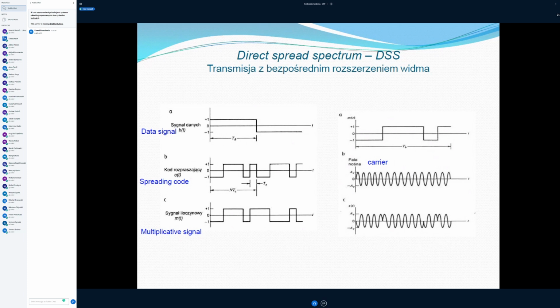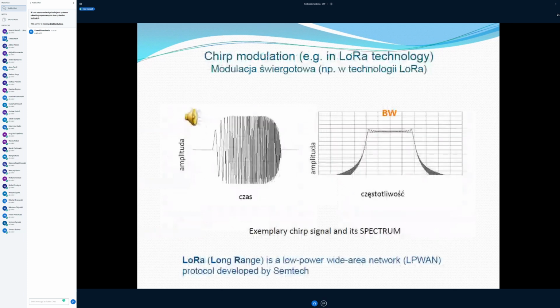So there are two conditions to decode this data. One, to have the spreading code, and the second, to be able to synchronize the data. Because even if you have the spreading code, but you do not start when the bit starts, you may have some distortions. But still, on the receiver side, there are some methods that even if there are some distortions, you can get the information.